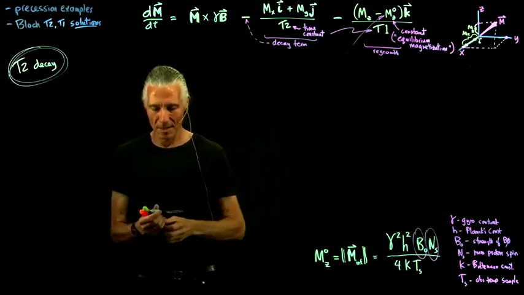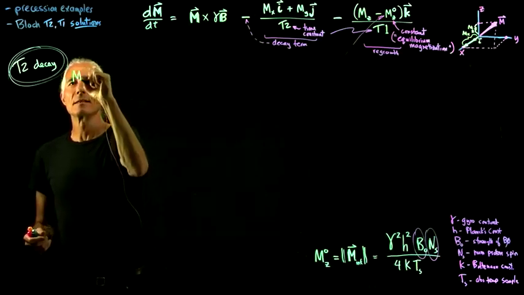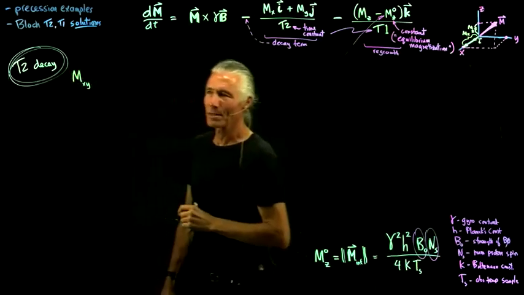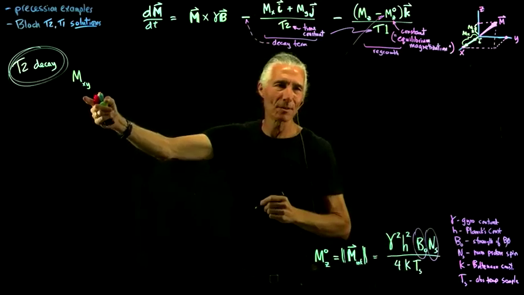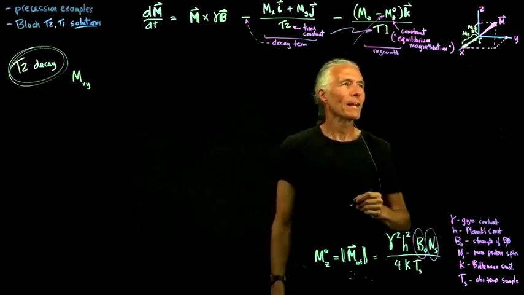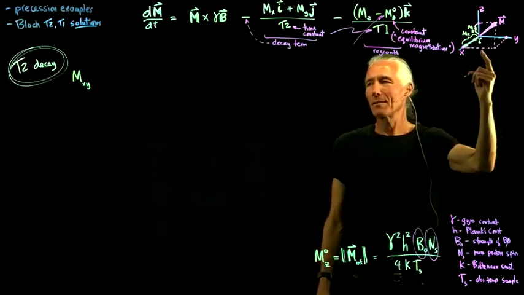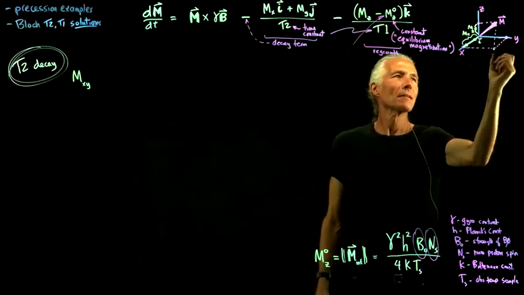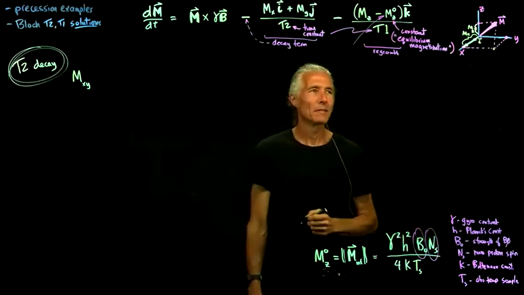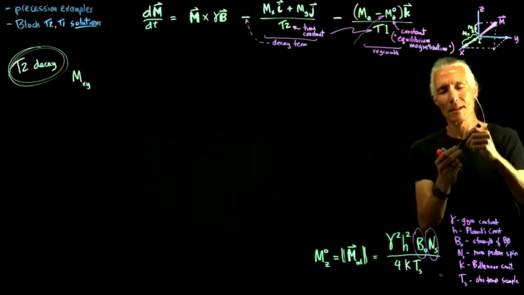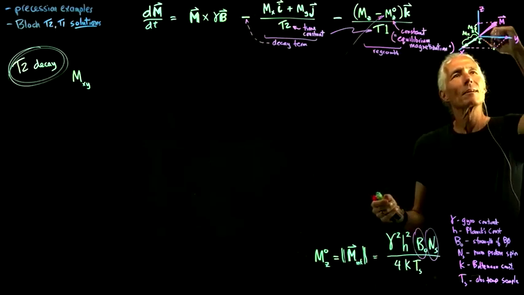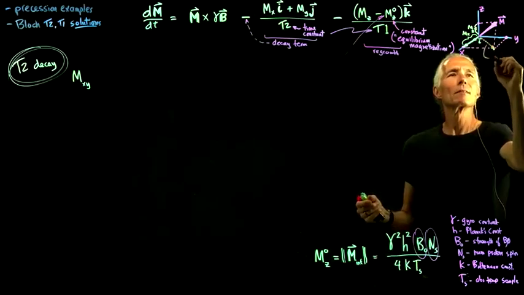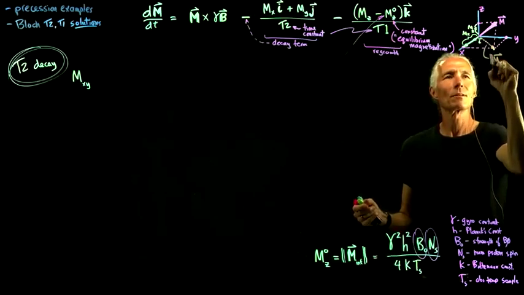Okay, so what is the solution? The solution is the Mxy component. Now we can change the notation again. You'll see this a lot of times if you look in books. That's just adding the x and the y component together. We could also just look at the length of that.